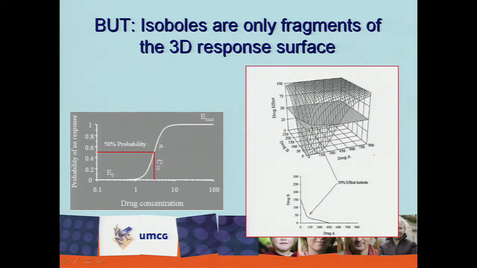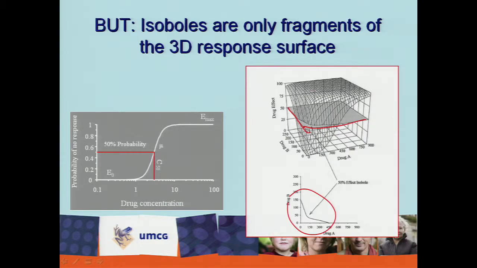Now, as I said, and that was also what Jaap did, next to the 50% isobol, he studied the complete surface. And as you all know, the isobol here is only one slice of the complete interaction surface.